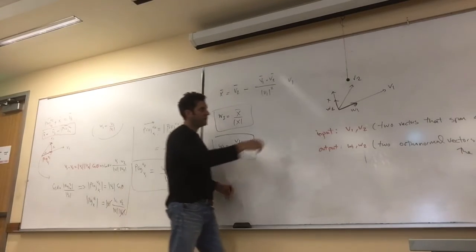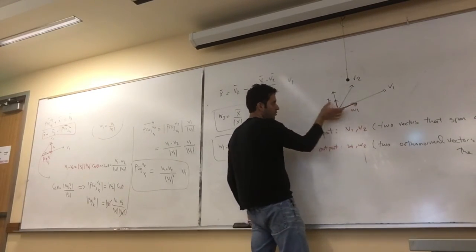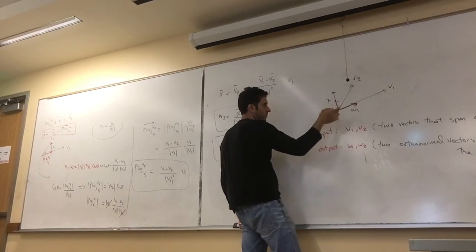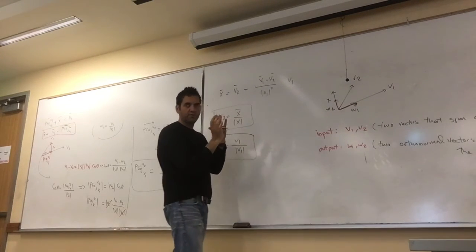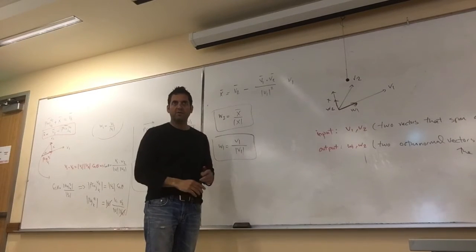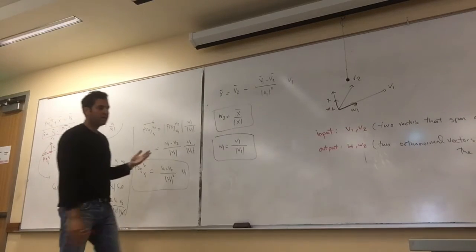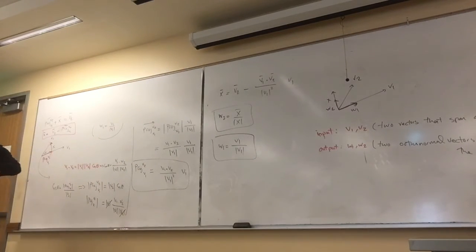I could have done it with V1 and V2, but if you saw, it was all crooked. Now I have two beautiful unit length vectors, orthogonal to each other, that I can span the space with. So this whole process is called the Gram-Schmidt process, and that's what you guys are going to code.